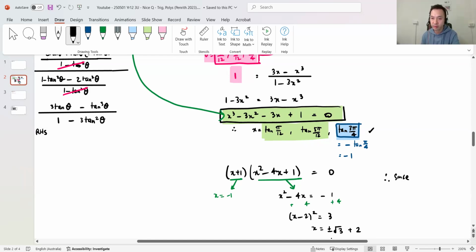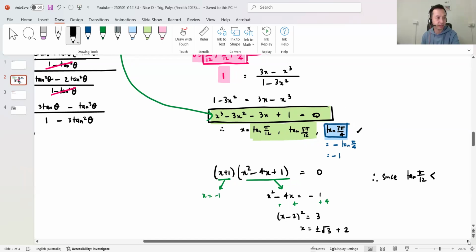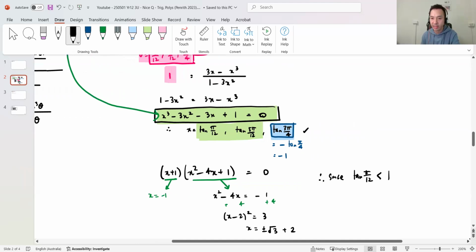Since tan pi on 12 is less than tan 5 pi on 12, tan pi on 12 must be the negative version, minus root 3 plus 2.